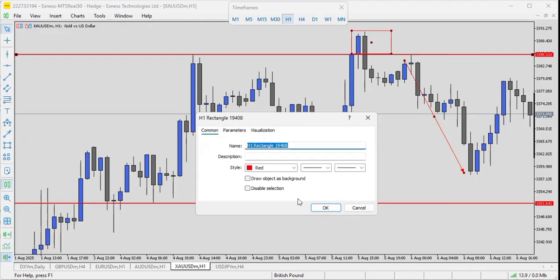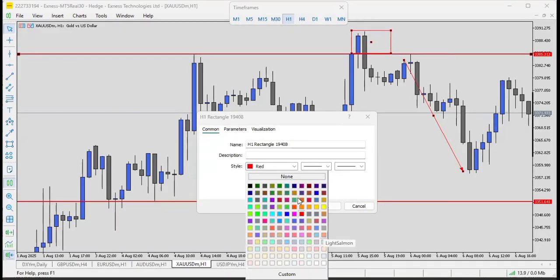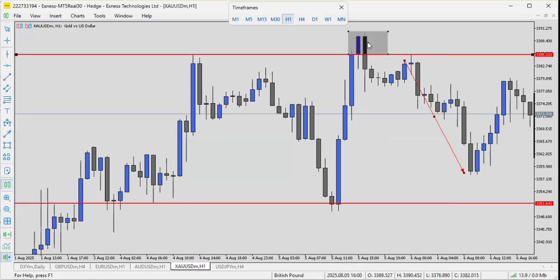This side that I just highlighted or shaded took me out because I set my stop loss maybe a few pips above my entry. This is where I entered.